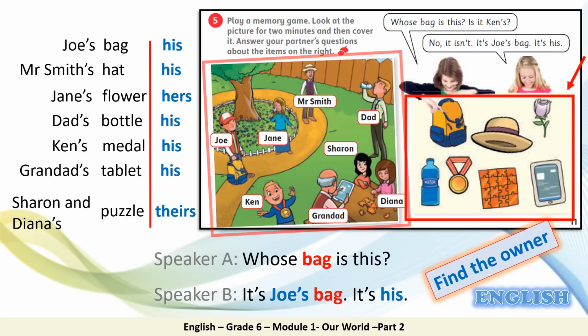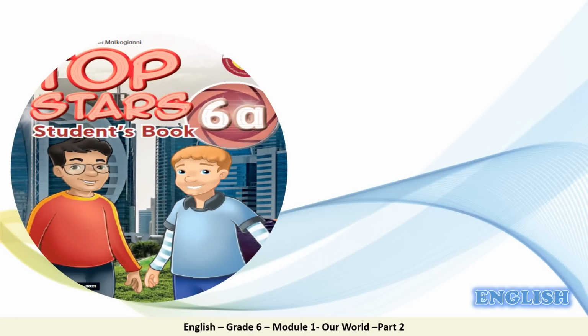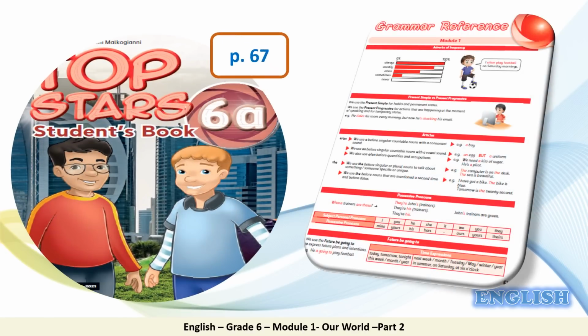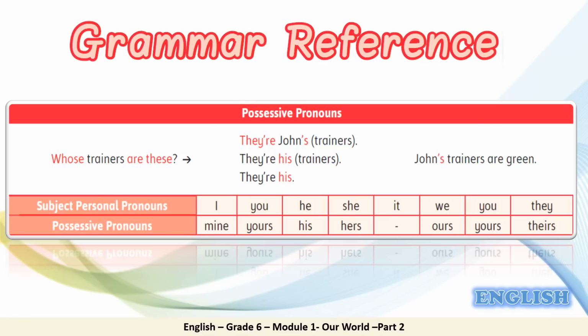Now, let's move on to read the grammar reference. Go to your student's book, page 67, especially this part of the page. Grammar reference. Possessive pronouns. Let's read the question and the answers to see how we use the possessive pronouns.